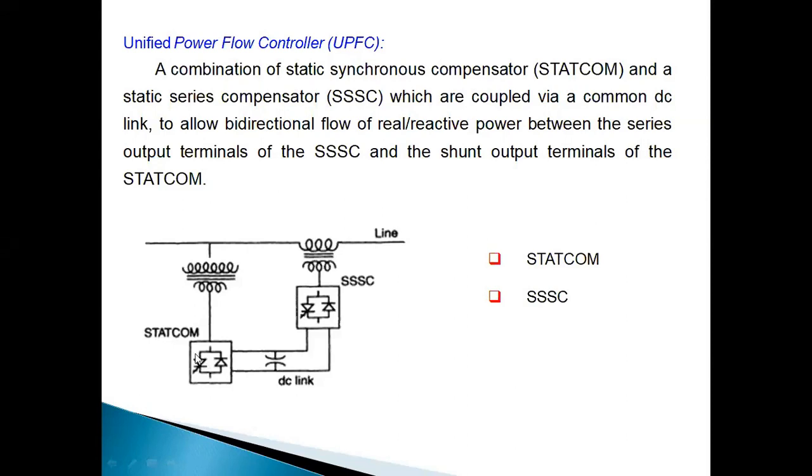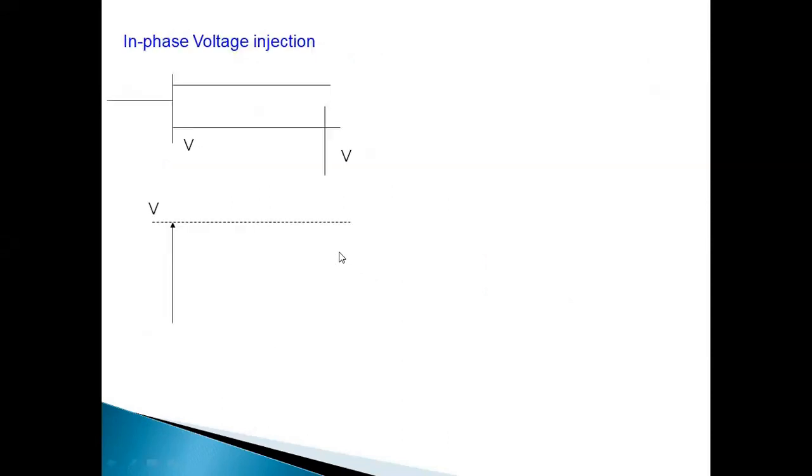But in voltage source converter based systems, we use STATCOM and SSC for excellent features. The DC link will facilitate the real power exchange. The shunt converter is connected through a coupling transformer to the transmission line, and the series converter is connected in series with the transmission line.